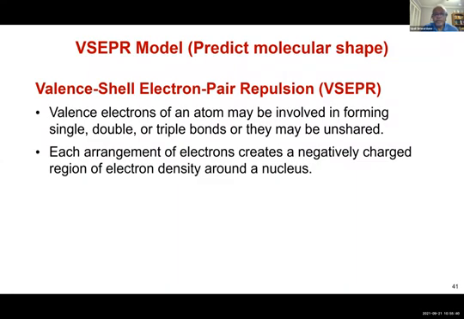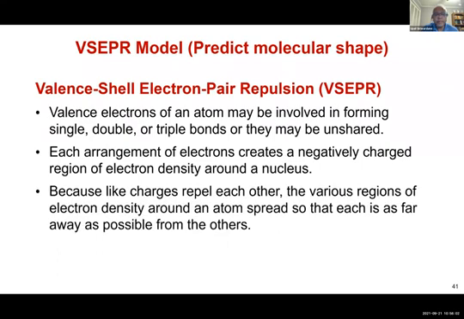Each arrangement of the electrons in bonding electron pairs and non-bonding electron pairs creates a negatively charged region in the space around the nucleus, repelling each other. That's the idea of valence shell electron pair repulsion.